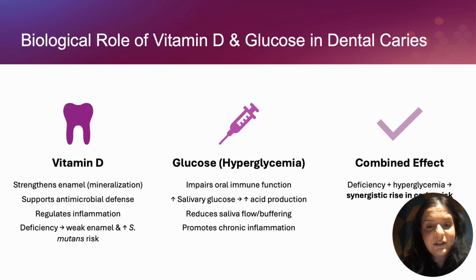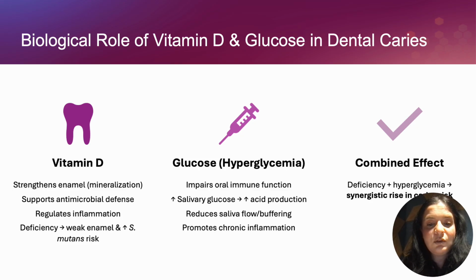So looking at the factors separately, vitamin D strengthens enamel and mineralization, supports antimicrobial defense, regulates inflammation, and being deficient in vitamin D weakens your enamel and puts you at an increased risk for having a lot of S. mutans.